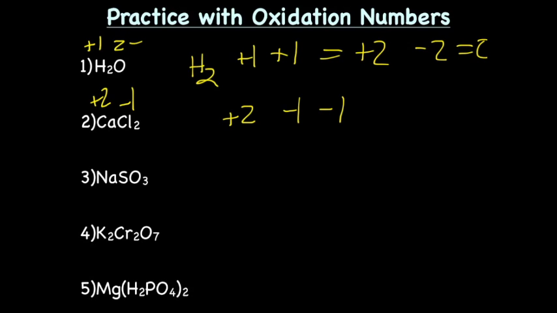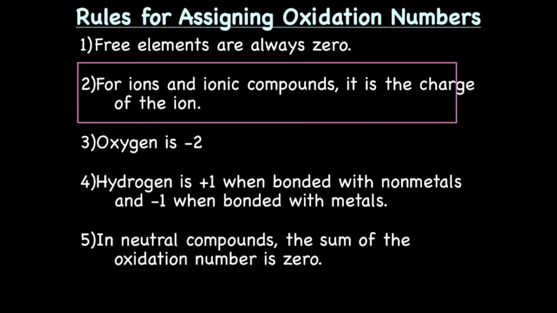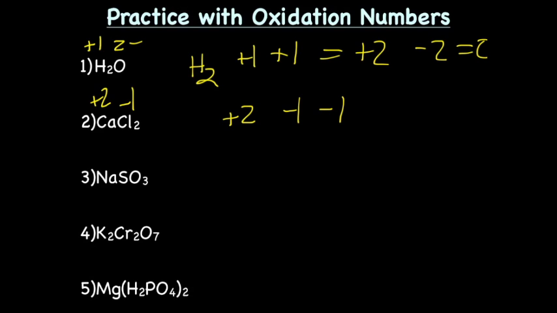All right, the next one is slightly more tricky. So we have NaSO3. This also follows the rule for ions and ionic compounds. It's the charge of the ion, partially, because we have Na and we have SO3. The problem is for oxidation numbers, we actually have to give an oxidation number for each and every atom.